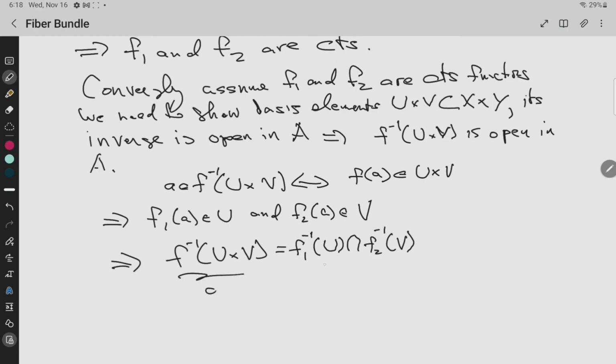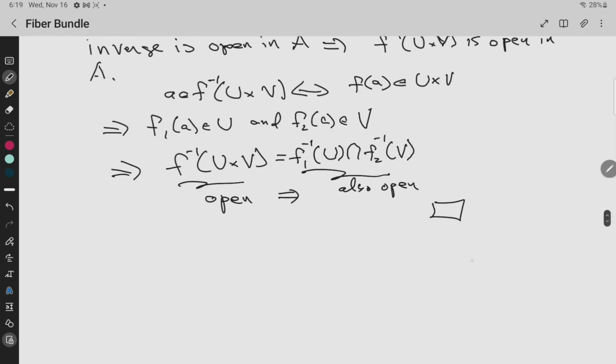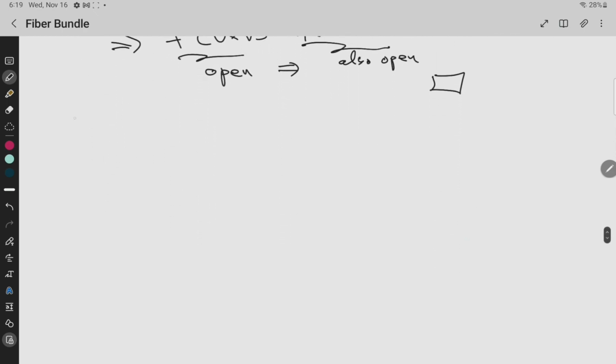We know that f1 and f2 are continuous functions, so these preimages are open, and the intersection is also open. If the right-hand side is open, that means the left-hand side is also open. Therefore, we prove the theorem that f is continuous. All right, see you in the next video.